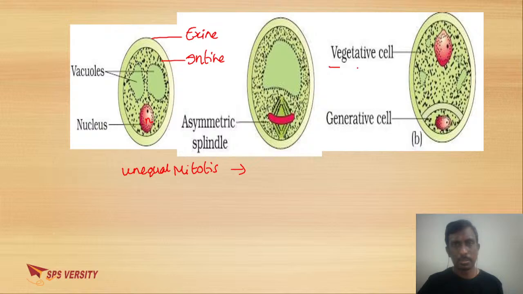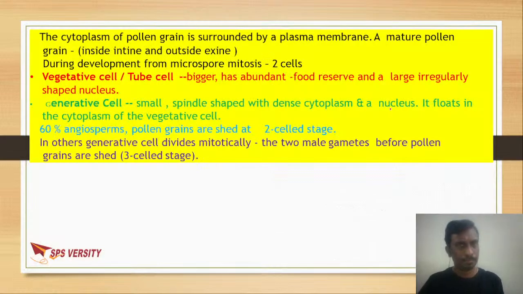The large cell is called the vegetative cell and the small cell is called the generative cell. That means at this condition, there are two cells in the pollen grain. The larger one is called the vegetative cell and the smaller one is called the generative cell.